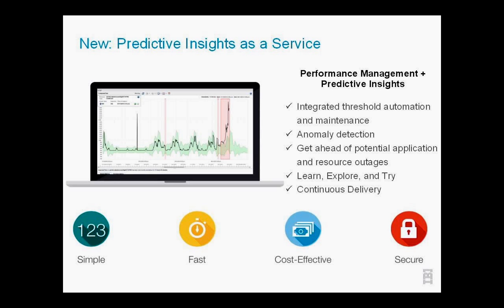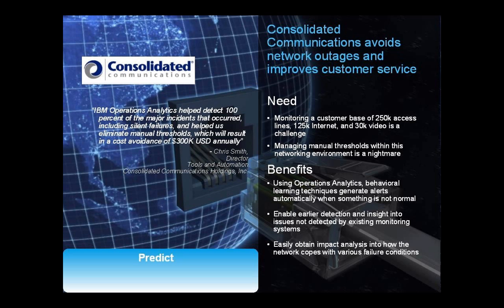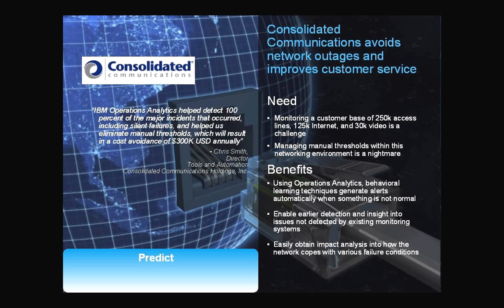So I mentioned Consolidated Communications and their threshold maintenance. Consolidated Communications is a communications company. They do a lot of monitoring of their network. And the big takeaway that they got out of this was virtually eliminating the need to set manual performance thresholds on the KPIs that they're monitoring in their environment.